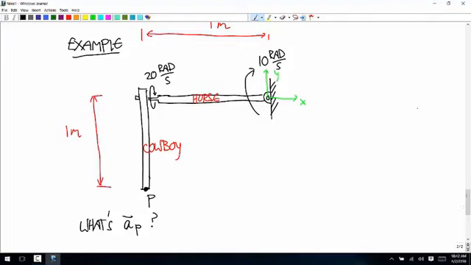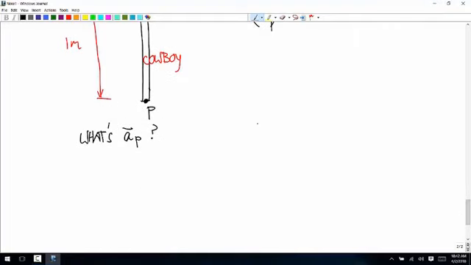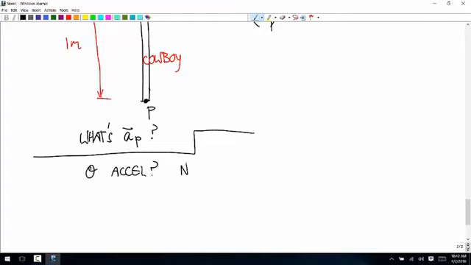So you can think, is the origin accelerating? No. Are the axes rotating? Yes.